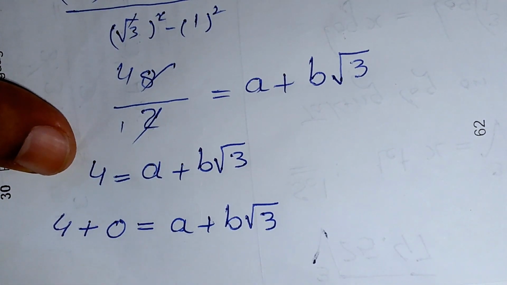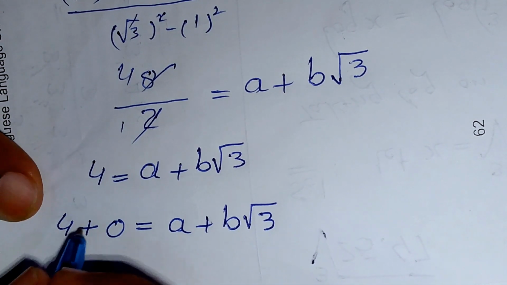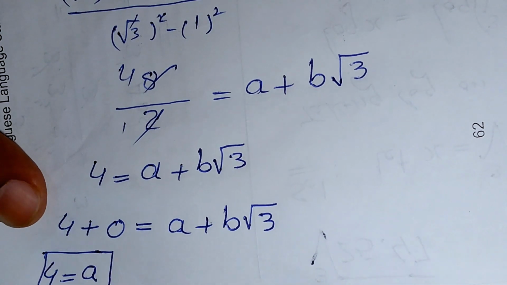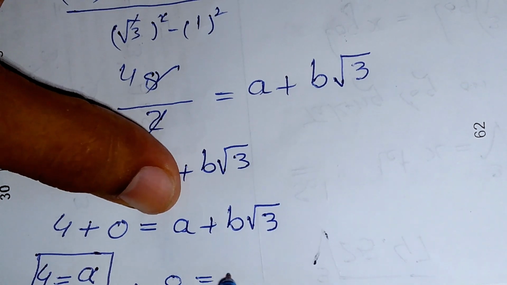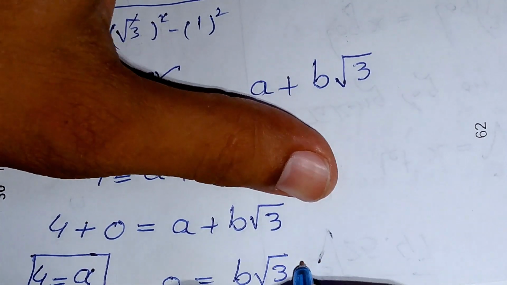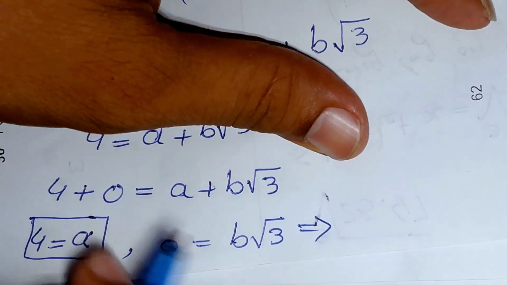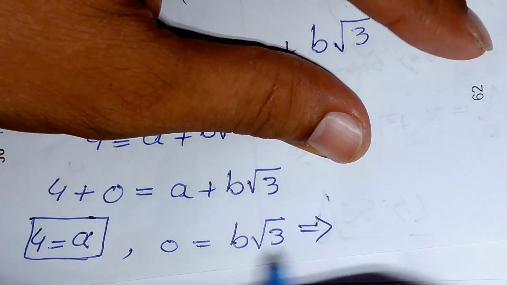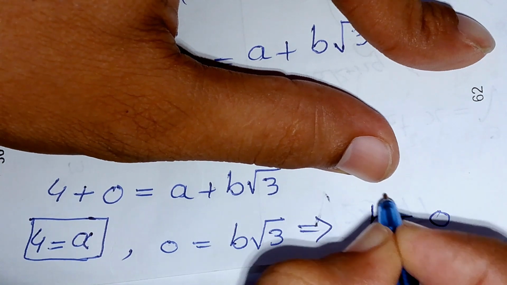Sorry, here we can write it again, this 4 is equal to a and 0 is equal to b under root 3, so 4 is equal to a, okay, this is the value for a, and here we can write it as 0 is equal to b under root 3, and if we simplify this, if we divide both sides with under root 3, this under root 3 will be cancelled from here and 0 divided by under root 3 will become 0, so it will give us b is equal to 0.